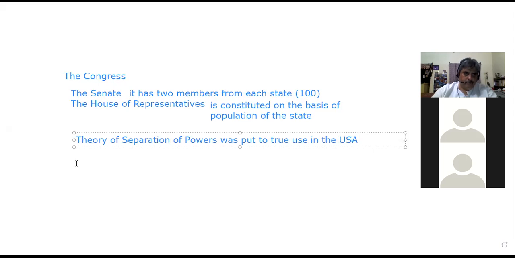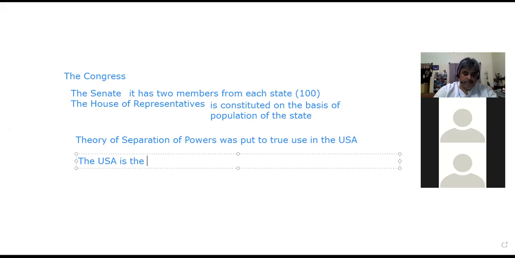And the second thing that we say is the USA is the world's second biggest democracy, right?